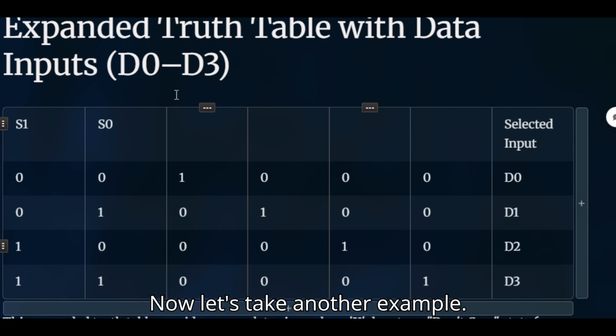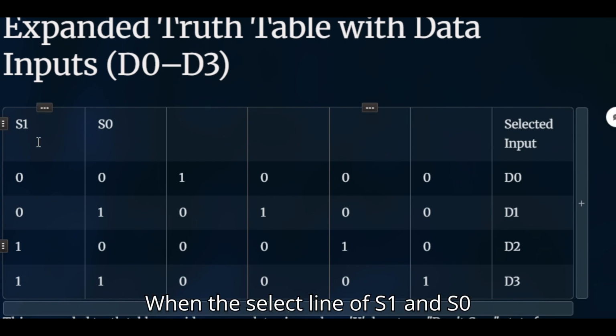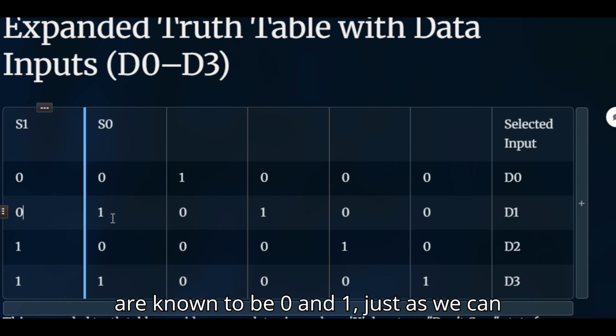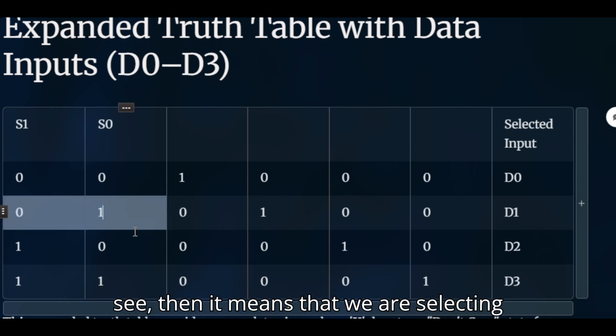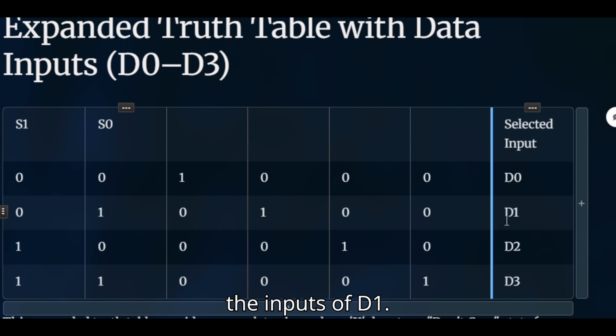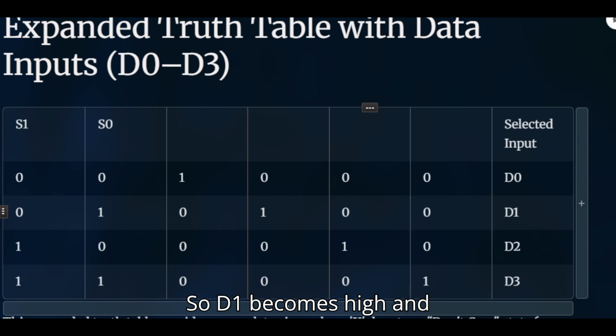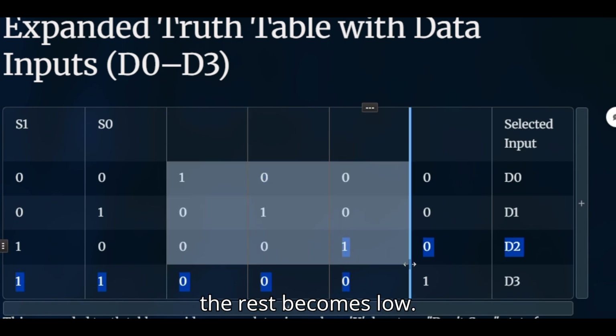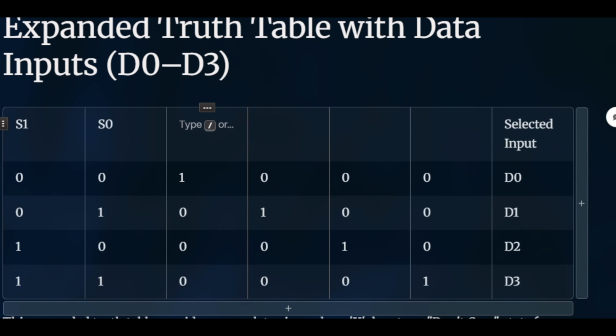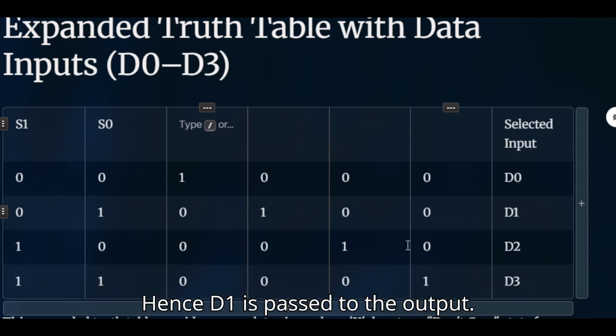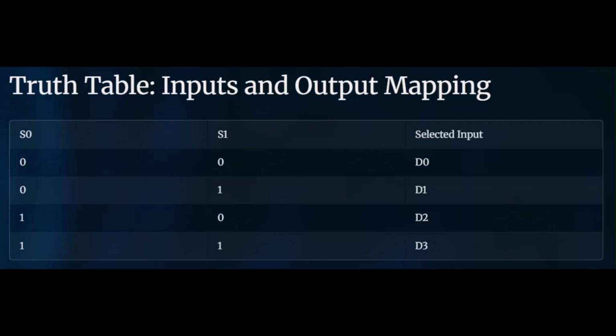Now let's take another example. When the select lines S1 and S0 are 0 and 1, as we can see, it means that we are selecting the input D1. So D1 becomes high and the rest become low. Hence, D1 is passed to the output.